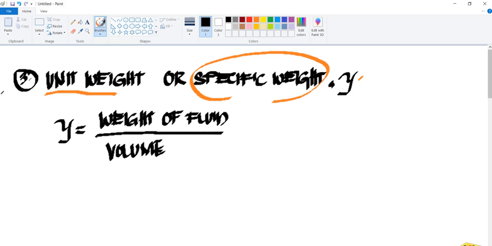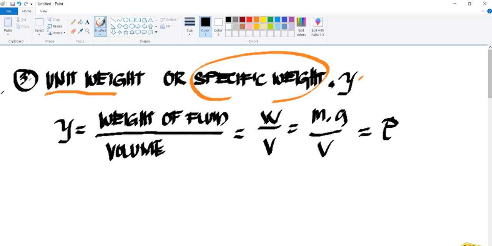So we can express the weight W divided by the volume, or this can be expressed as mass times gravity divided by the volume. Since mass over volume is density, that will be density times gravity, which is 9.81 meters per second squared.